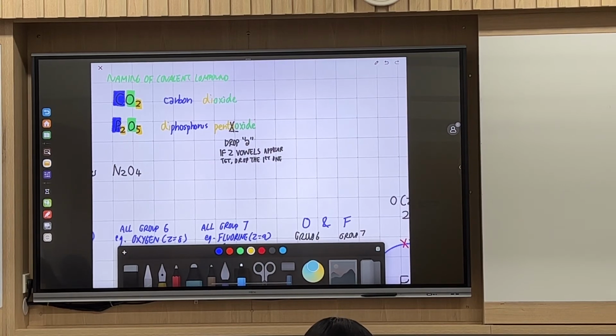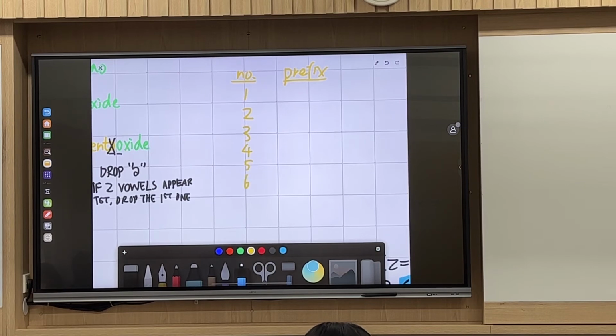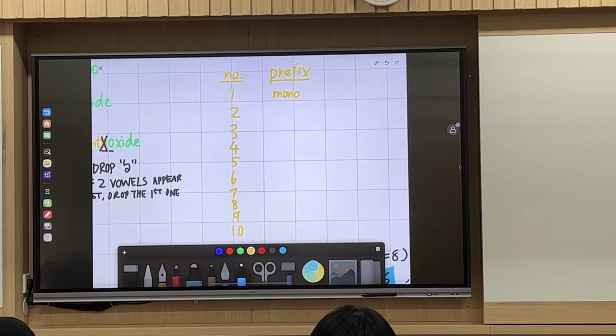We call this the prefix and the number. Wait, let me zoom in closely. So up to 10: 1, 2, 3, 4, 5, 6, 7, 8, 9, 10. What are the prefixes? They are mono. When you hear people say monotonously, it means you don't hear any ups and downs in his voice.